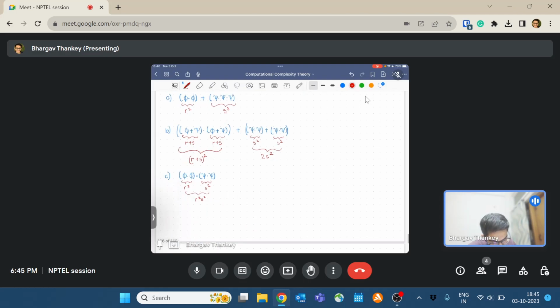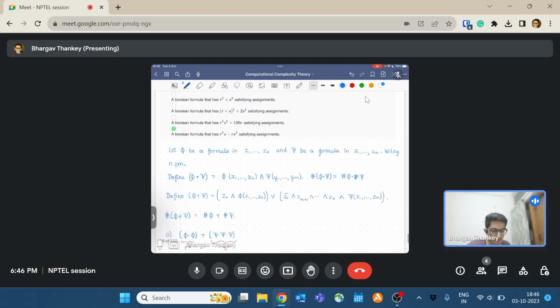For that, all we need to do is, R is 5, so 5 plus 5 plus, 100 times, and this gives us 100. So we can also construct a Boolean formula with R square S square plus 100 R satisfying assignments.